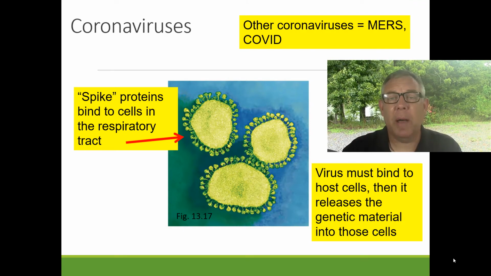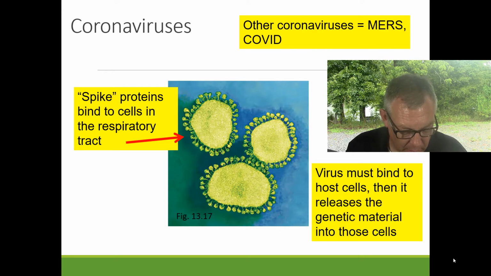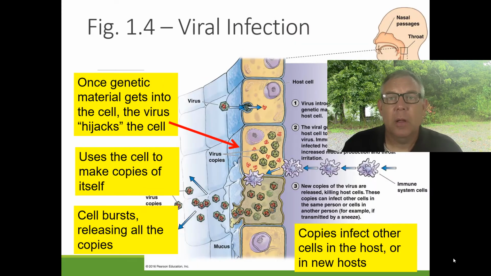So again, we're talking about crossing the membrane, getting stuff into the cell. And the viruses have figured out a way to sneak into the host cell. And once they dump their genetic material into the cell, the virus hijacks the cell. It takes over the cell's mechanisms.